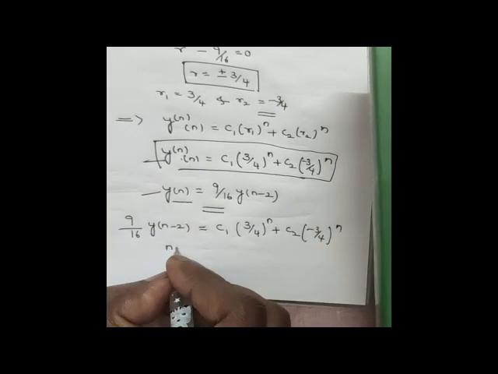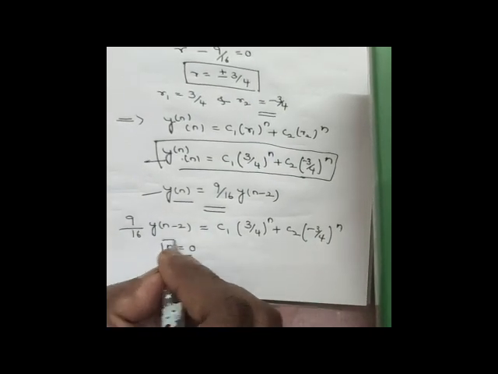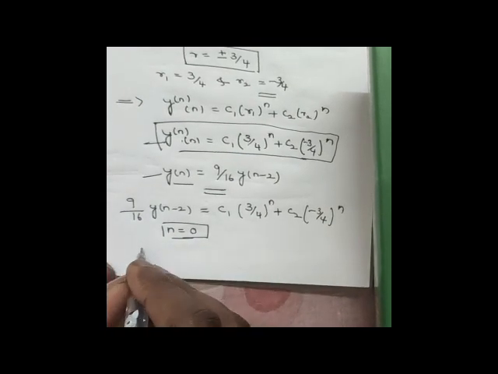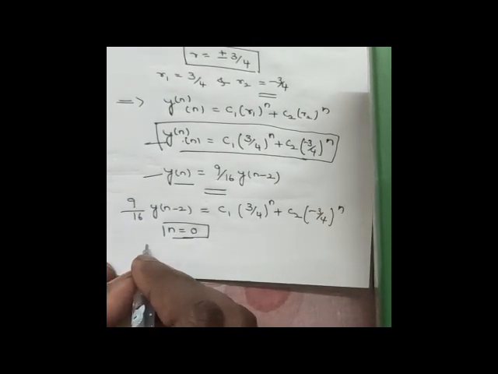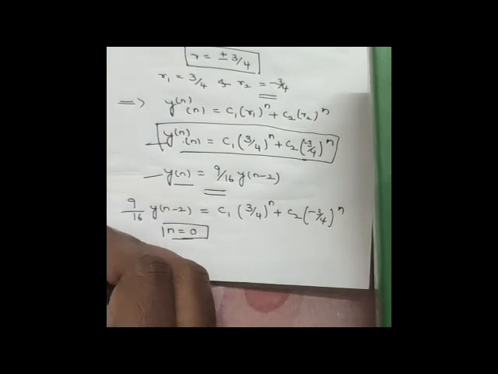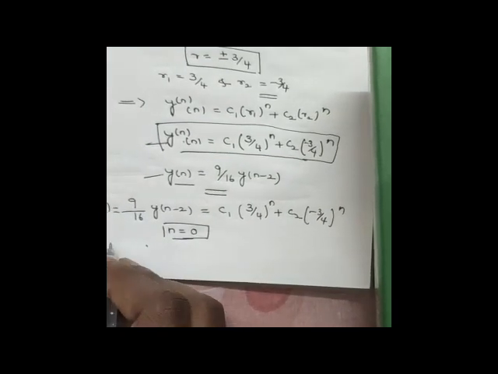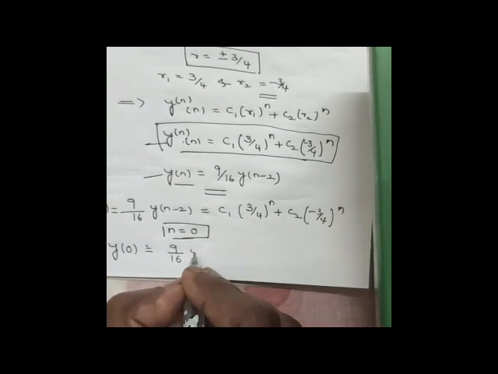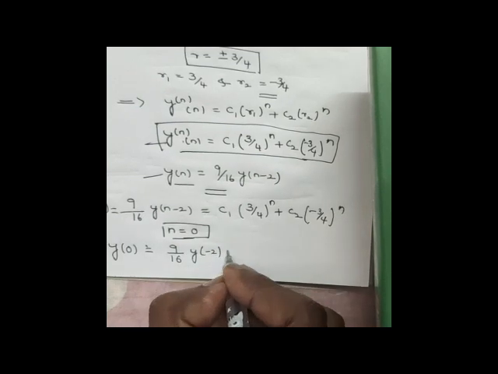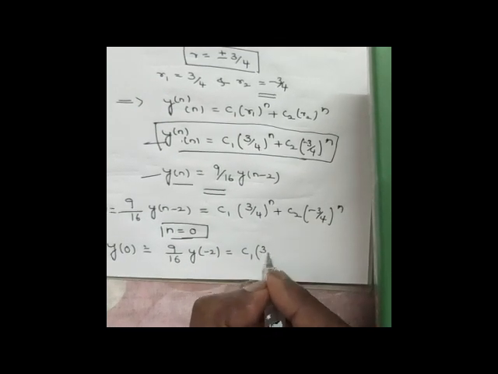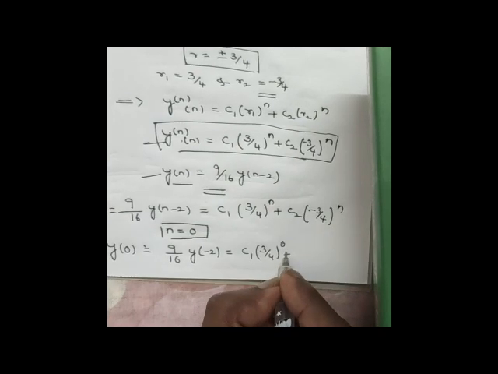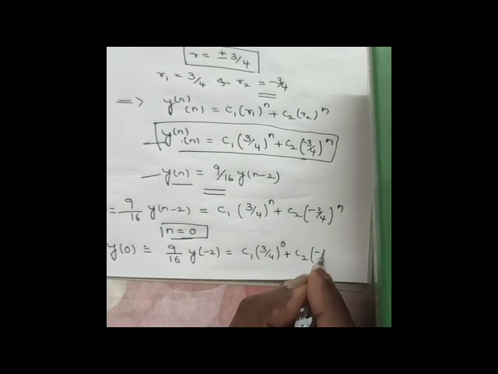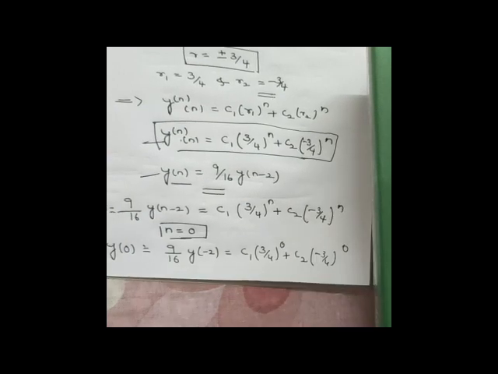So put n is equal to 0. Then y of 0 is equal to 9 by 16 y of minus 2, which is equal to c1 3 by 4 all to the power of 0 plus c2 minus 3 by 4 all to the power of 0.